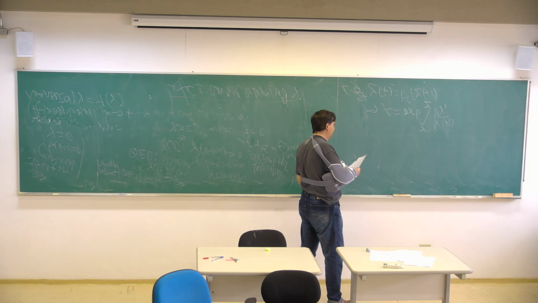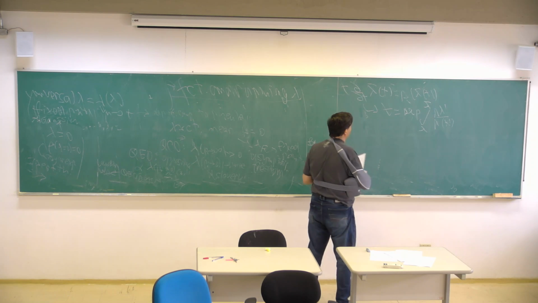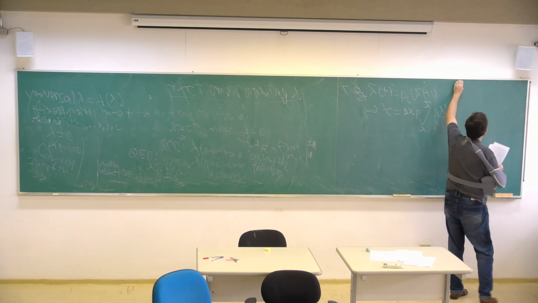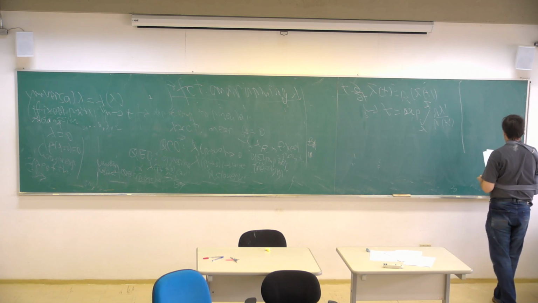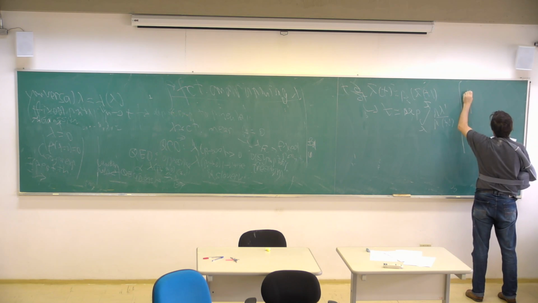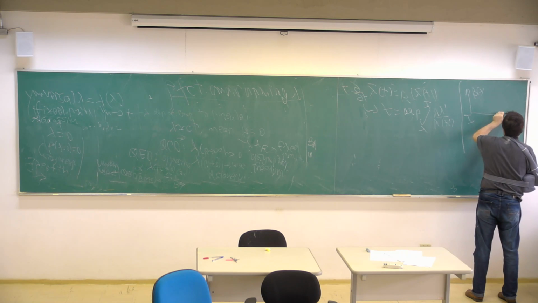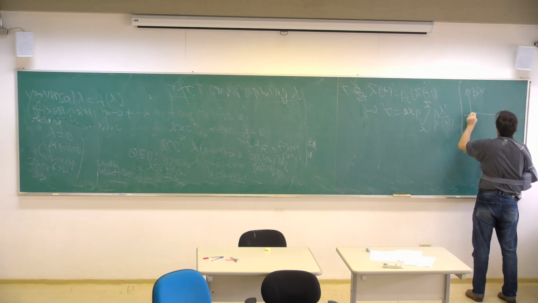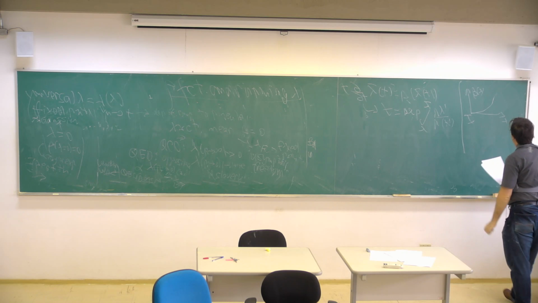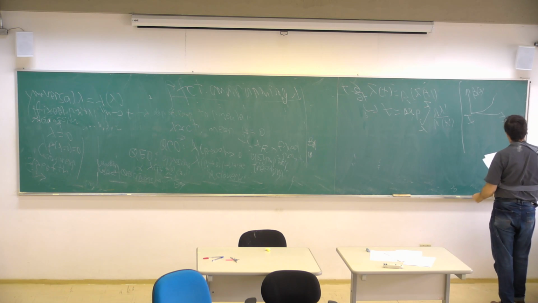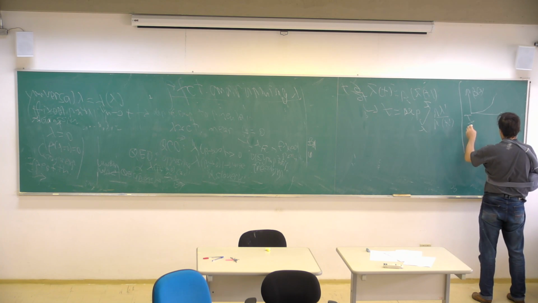Let me write here the possibilities for beta of lambda. The first possibility is the simplest one.